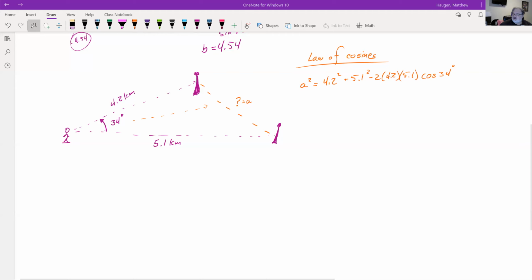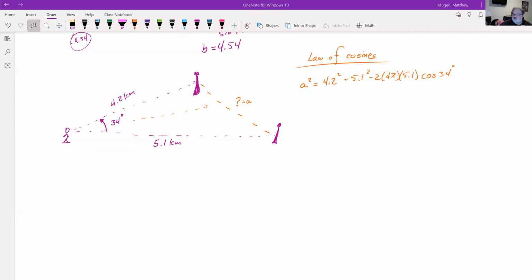Biggest danger is making sure we, one, type all that in correctly, and two, remember to square root the result. So that squared plus that squared minus 2 times the 4.2 times the 5.1 times the cosine of 34 degrees.